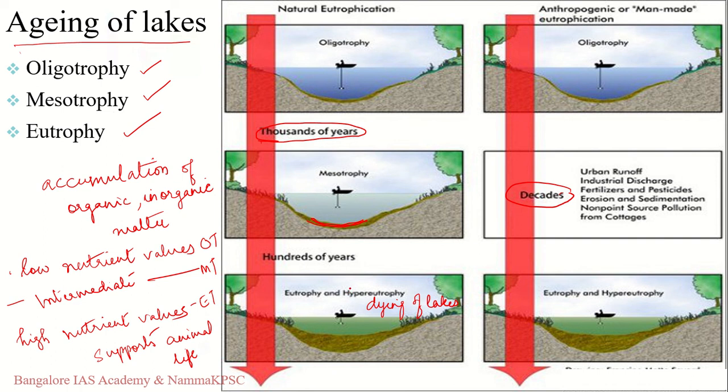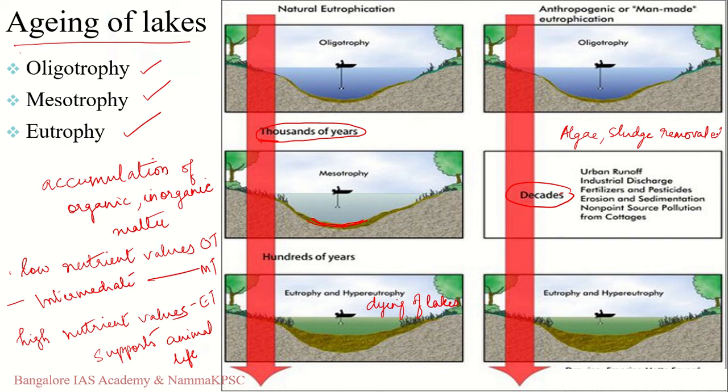However, if the lake has to be saved, certain measures will have to be taken to tackle this, such as on-site algae removal, sludge removal, and flushing with nutrient poor waters. All these things may be done in order to prevent the dying process of a lake. So this is a very simple concept known as aging of lakes.